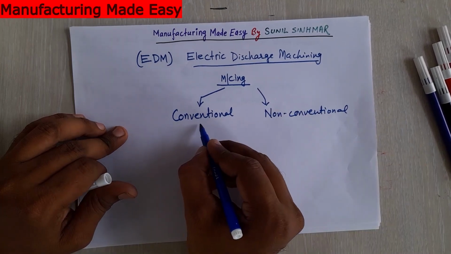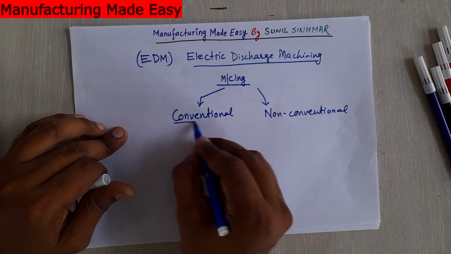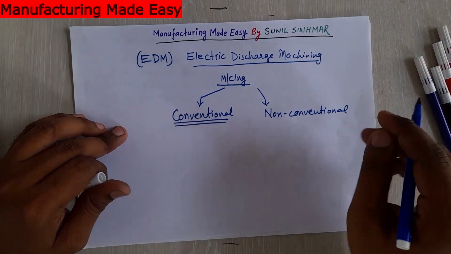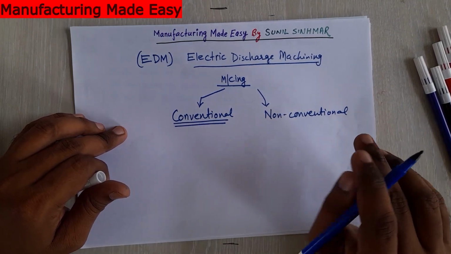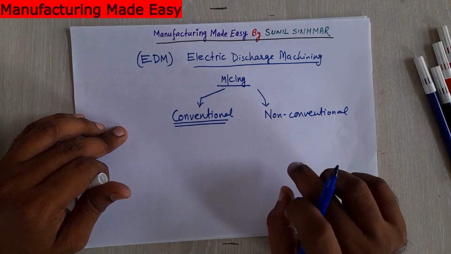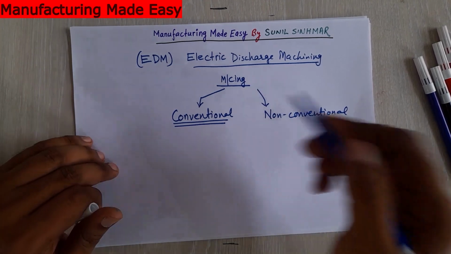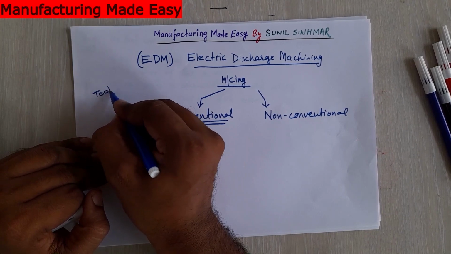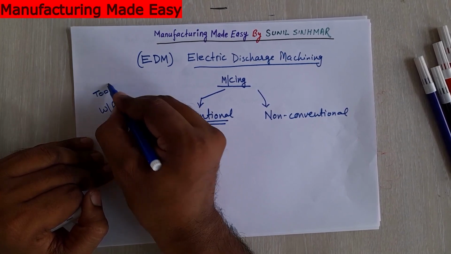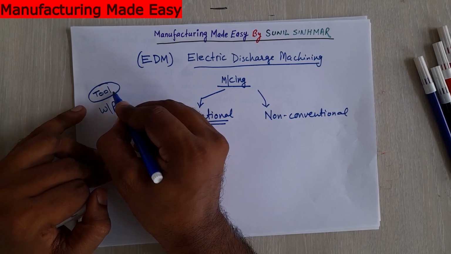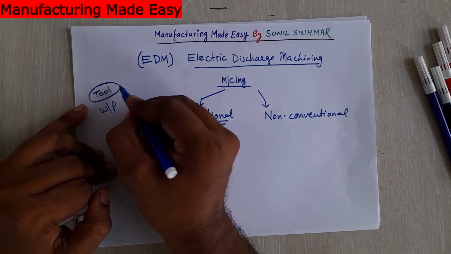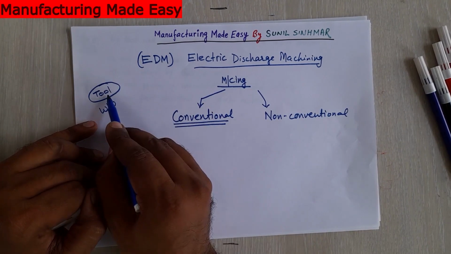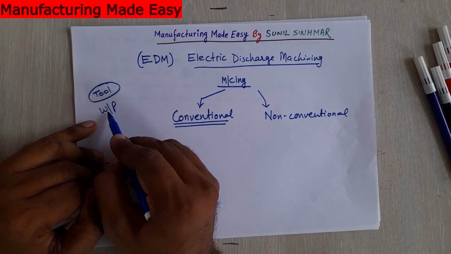First of all, what is the meaning of conventional? Conventional is the machining process in which the tool and the workpiece are in contact. Here two terms are coming: tool and workpiece. A tool is that part which is used to remove the material from the workpiece.